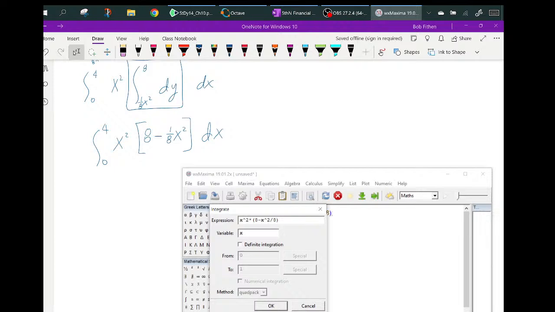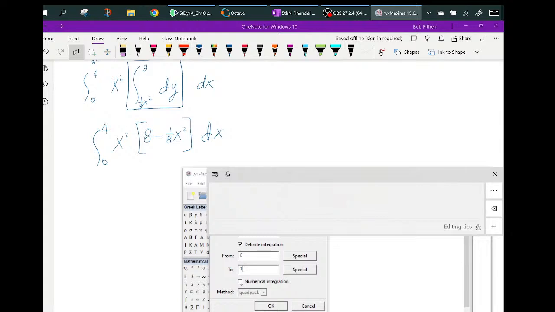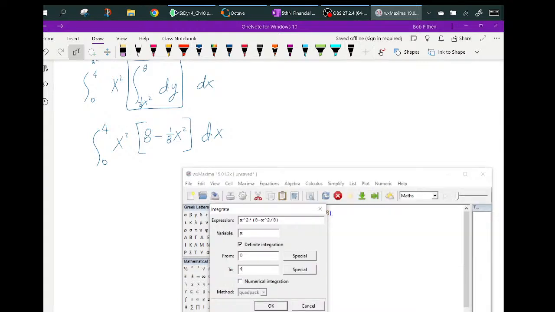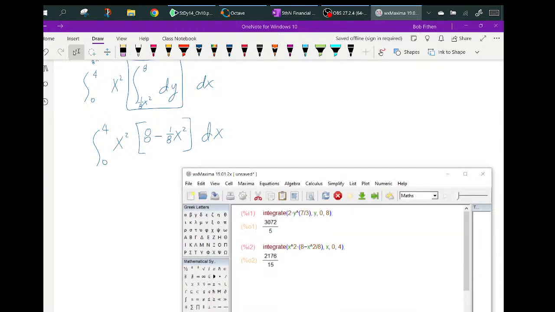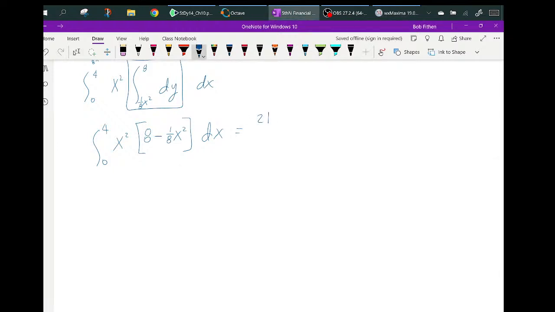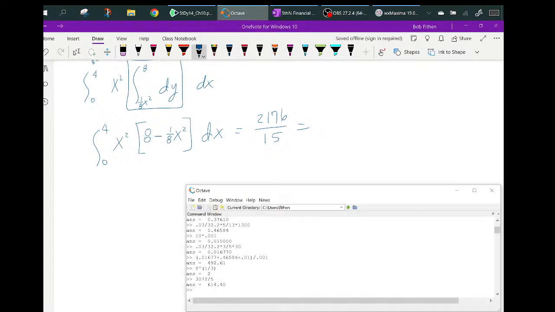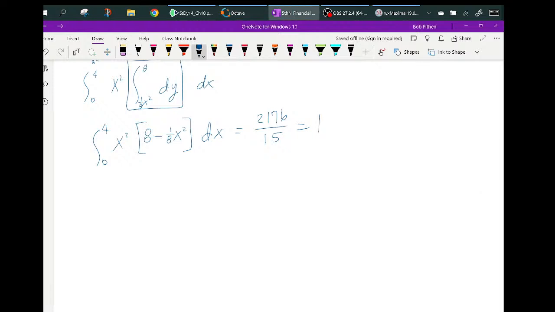I want to do a definite integral. I want to go from there to 4. And I want to hit OK. And it says it's 2176 over 15. Now I know I can do it inside of that, but it's just easier for me. 136. That's really weird. Why?